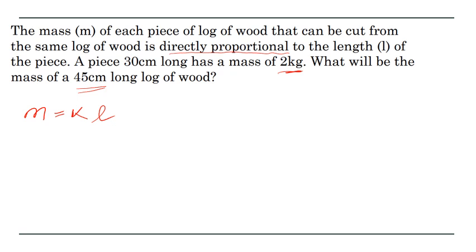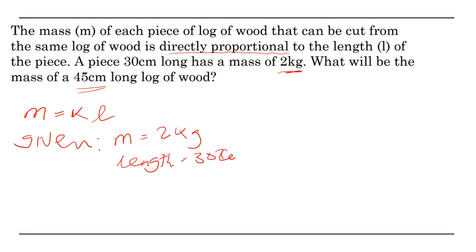In this case we are given mass, which is 2 kgs. We are also given length, which is 30 centimeters. In this case you can find k, which will be m over L, which is 2 over 30, which is 1 over 15.